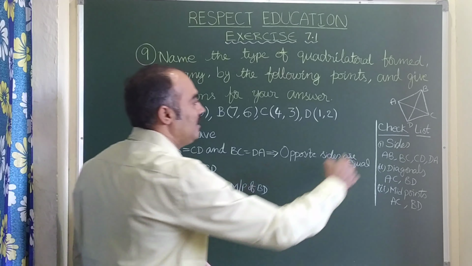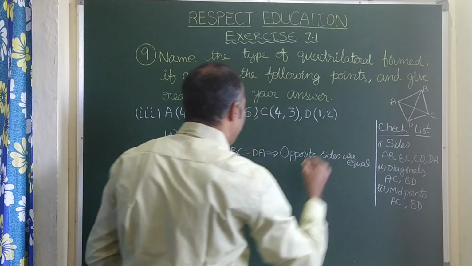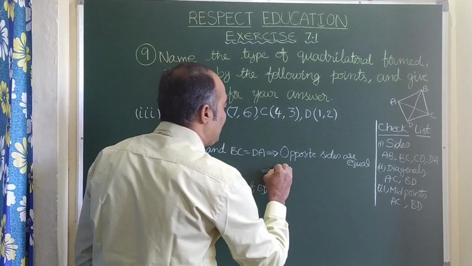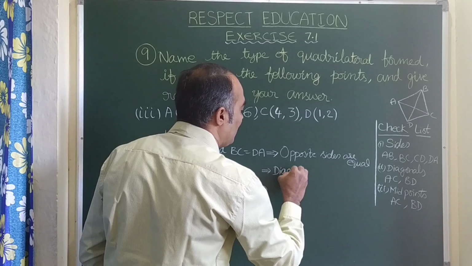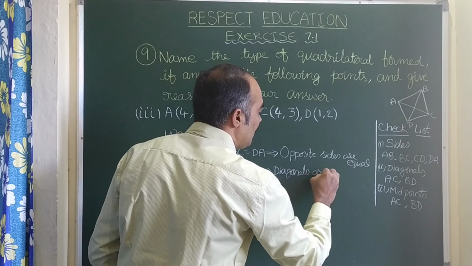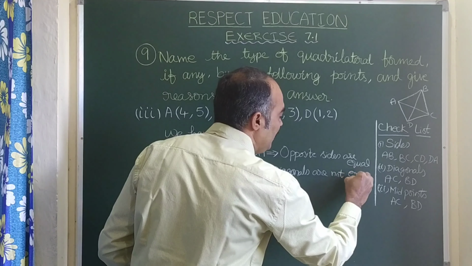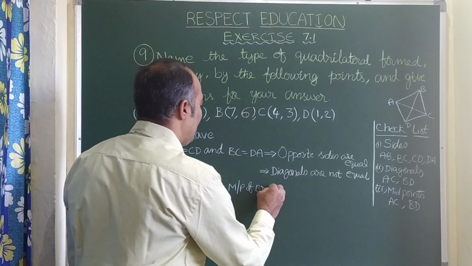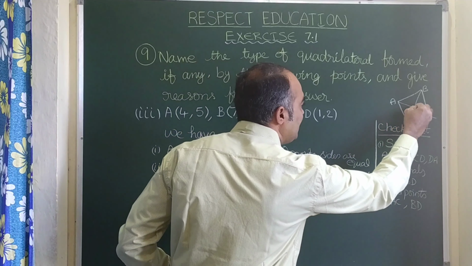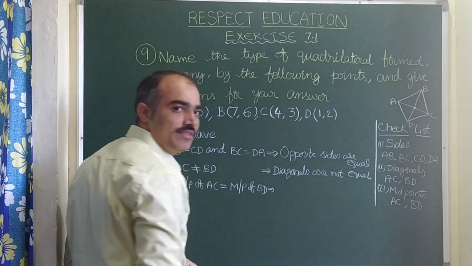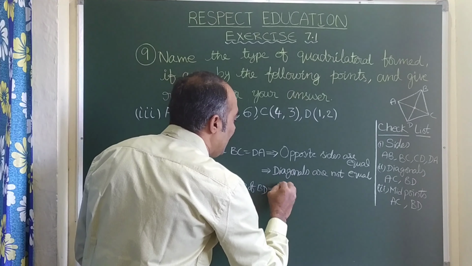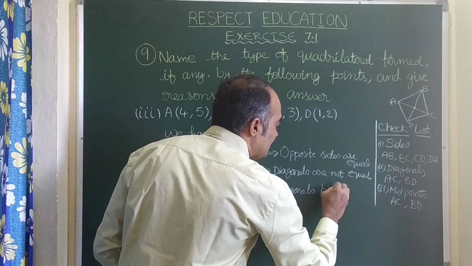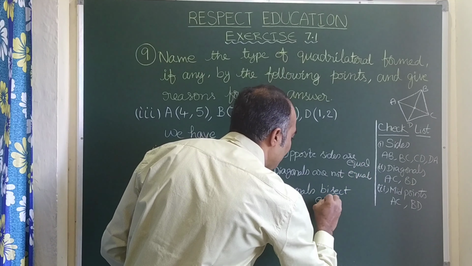And the second one, AC not equal to BD, indicates that diagonals are not equal. And the third one, the midpoint of AC and the midpoint of BD are both equal, which means diagonals bisect each other.